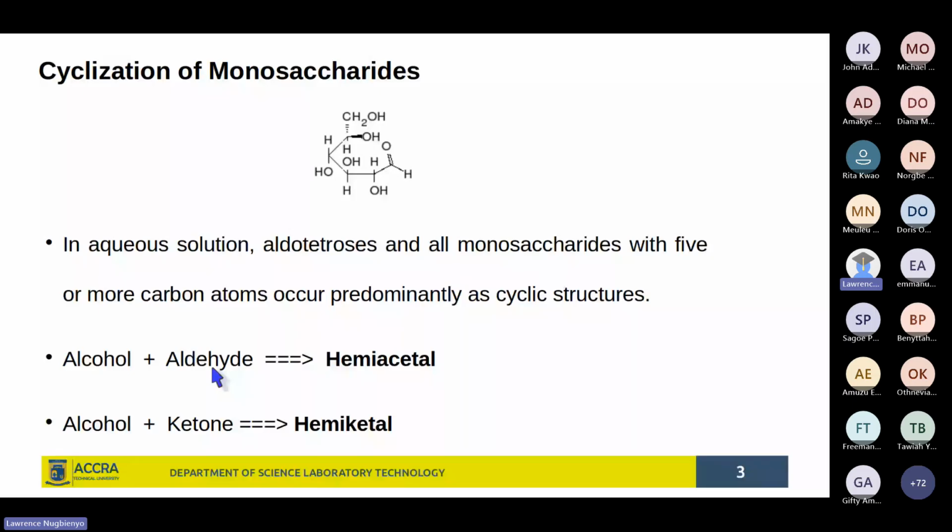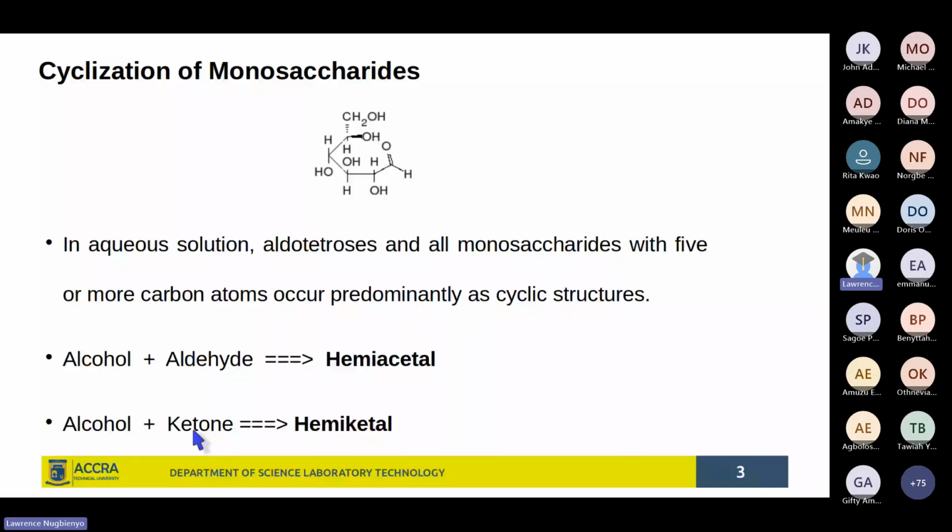The hydroxyl group and the aldehyde group can interact between themselves, just like an alcohol and an aldehyde will react to give you a hemiacetal. The same way, some specific hydroxyl group in ketoses will interact with the ketone group to give you the hemiketal.